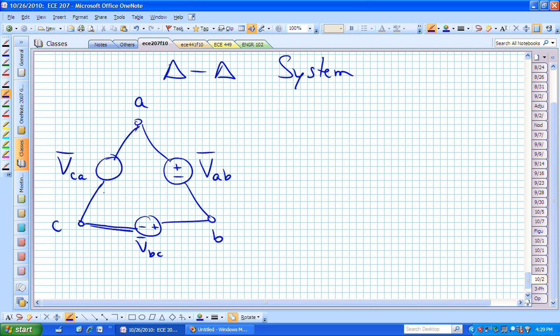How many think it's negative? Everybody have your clickers? Are you clicking in, getting credit for this? How many think it's positive? It's minus. So now it's plus minus, plus minus, plus minus. It's now V sub CA, so C is more positive relative to the A terminal. It's just the notation and convention. Now we have a delta connected set of loads.